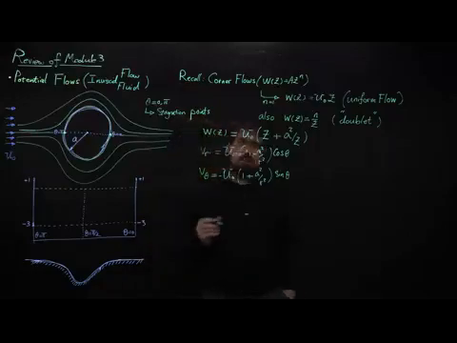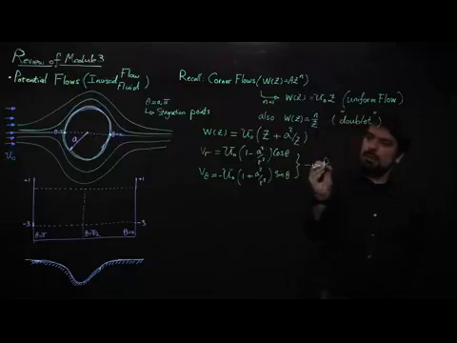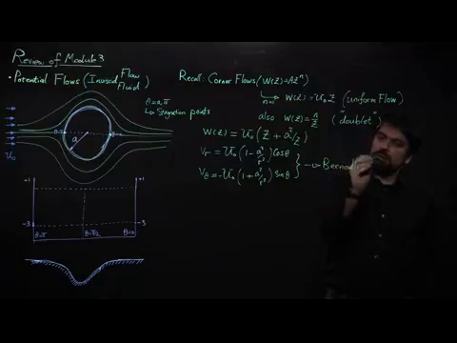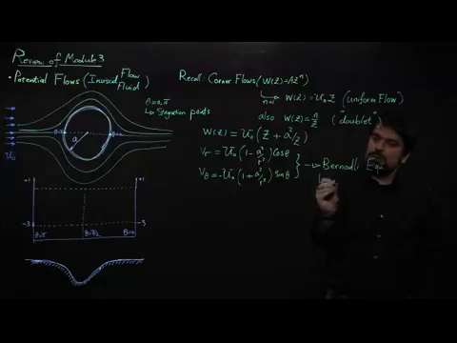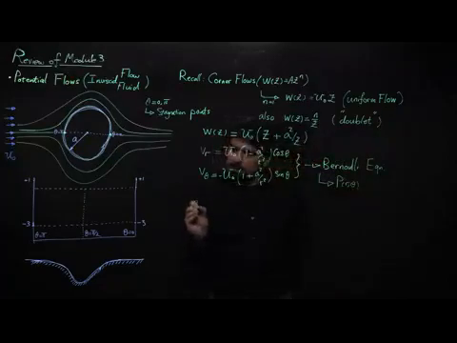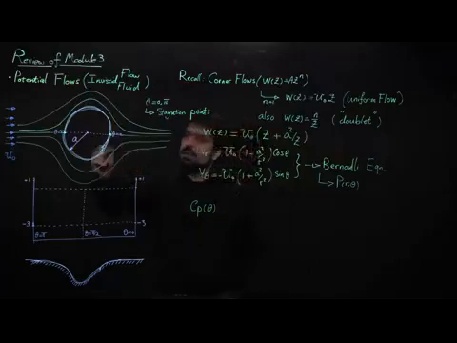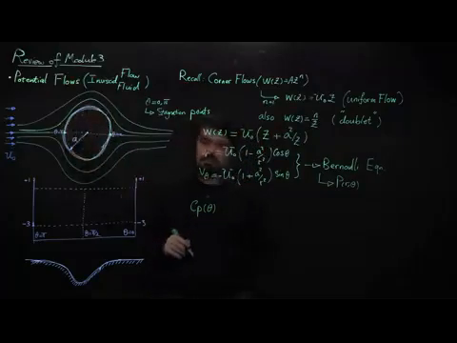Once we have the velocity components, we put them in what we recall as the Bernoulli equation or principle, and from that we can find the pressure distribution everywhere in space. So P as a function of r and theta. And in this specific problem, or many similar problems, we are specifically interested in a particular place for pressure, and that's the pressure around the object or on the object.